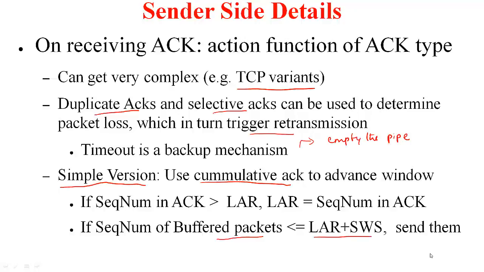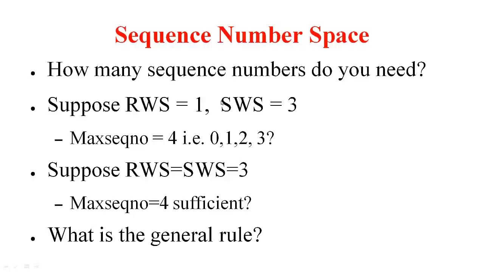But before that, how many sequence numbers do we need as part of the sliding window protocol? Remember that for stop and wait, 2 sequence numbers sufficed. In that case, the window size was 1. In other words, there we used 1 additional sequence number than the window size. Let's apply the same logic here.